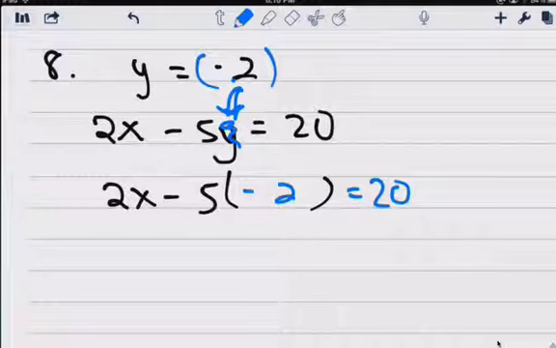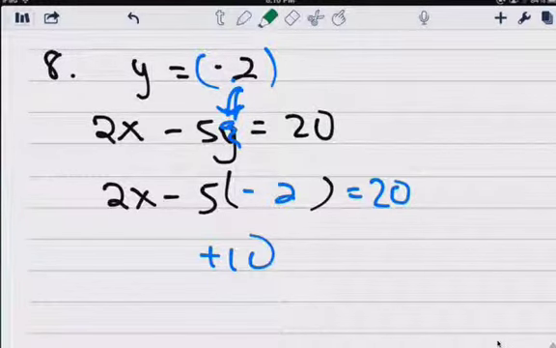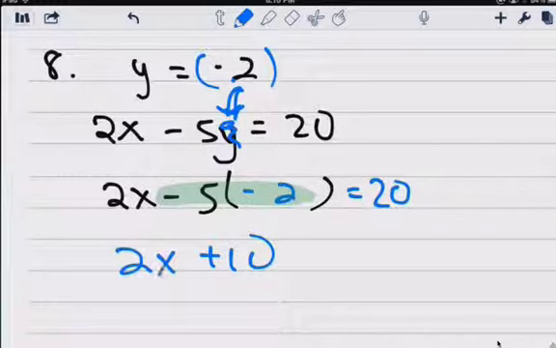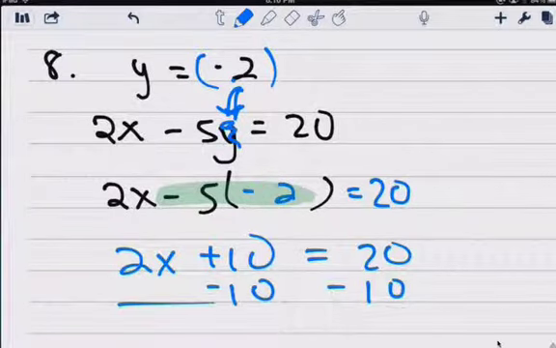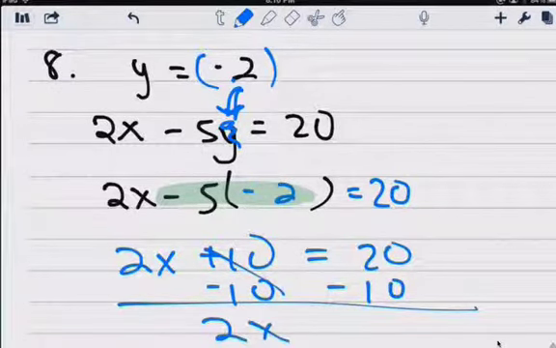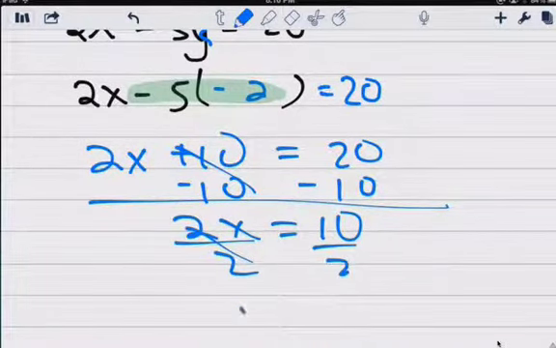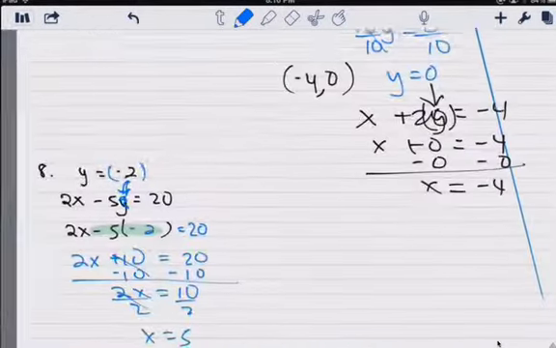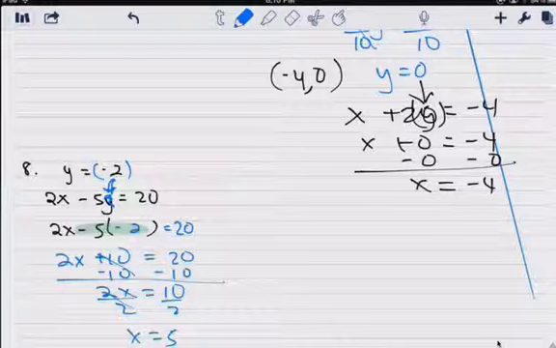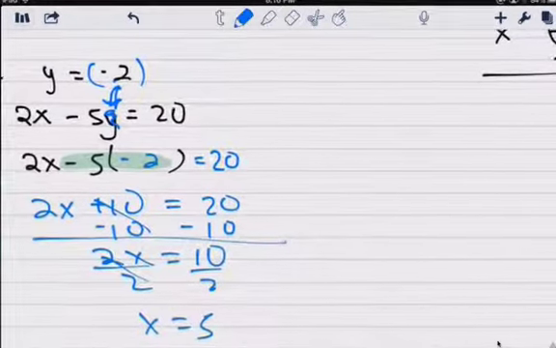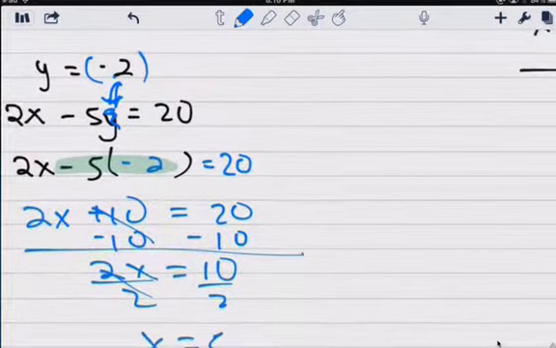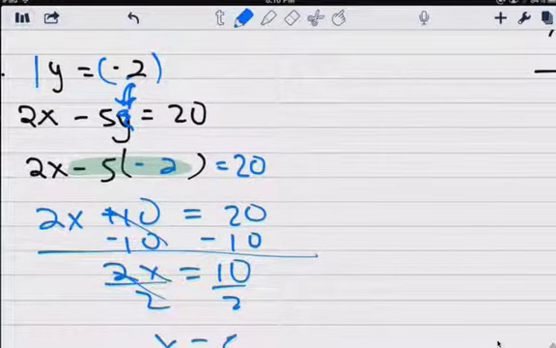You got positive 10, because when you multiply you get positive 10. 2x equals 20, minus 10 minus 10. 2x equals 10. Divide by 2. X equals 5. Okay, so x equals 5, and y is negative 2. It says so right here.